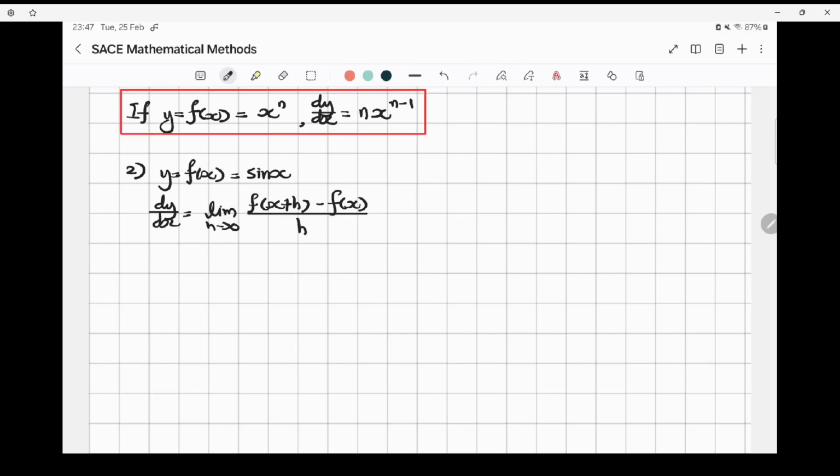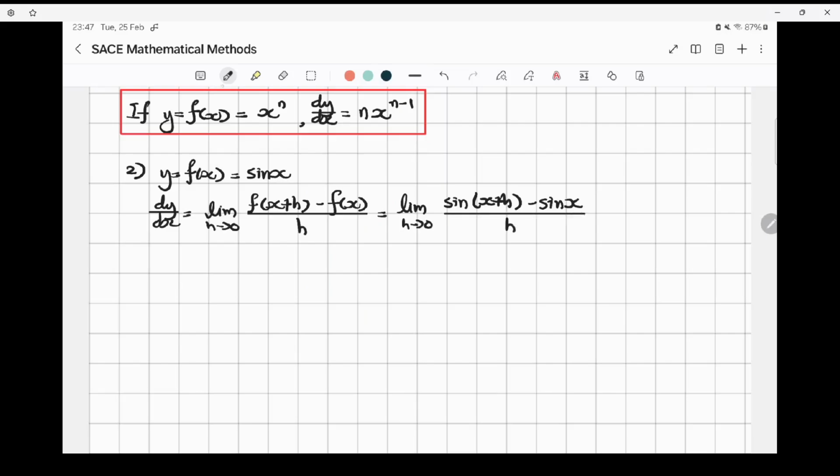So this is the definition, and then you plug in all the necessary things that you need to know. So you have sine(x plus h) minus sine x, divided by h.